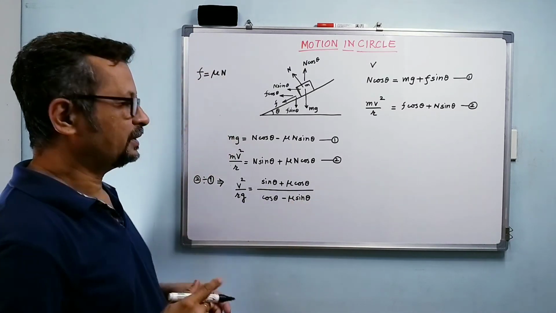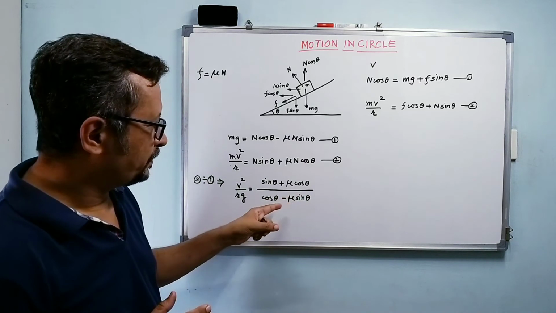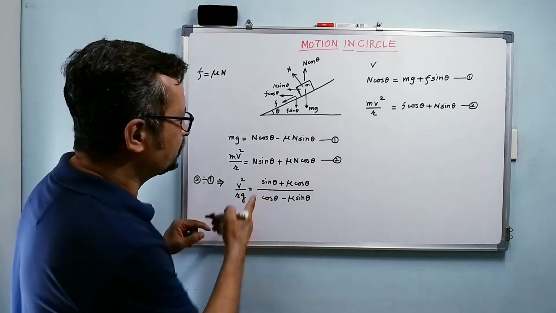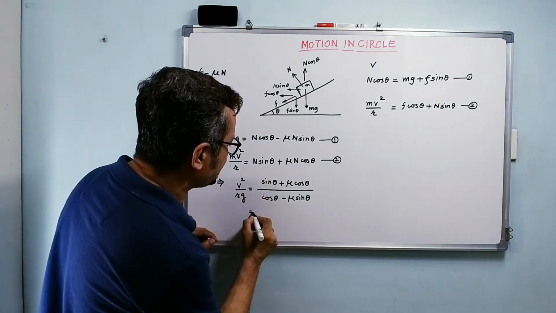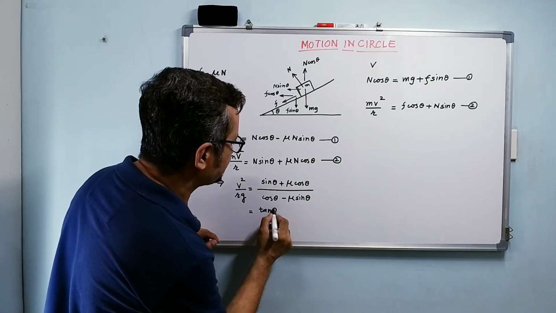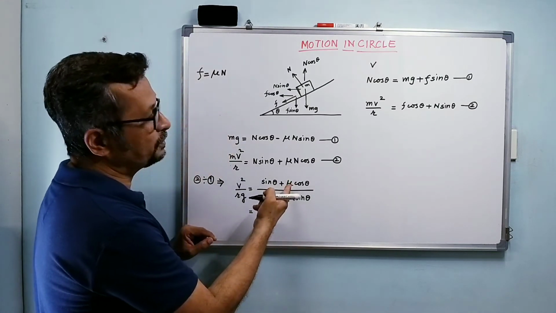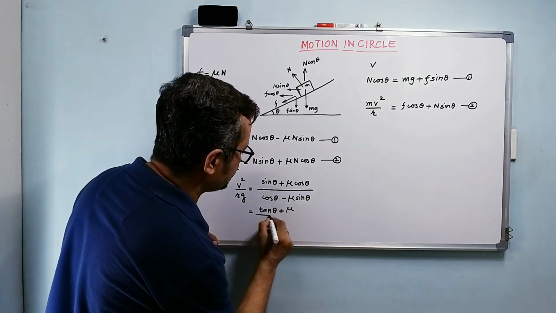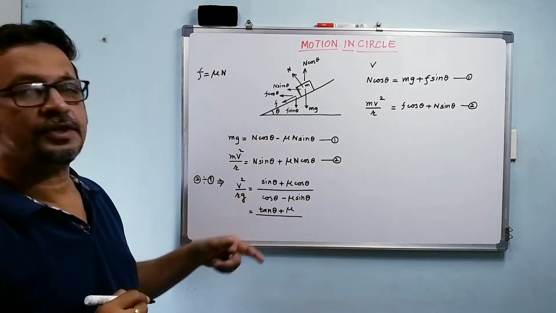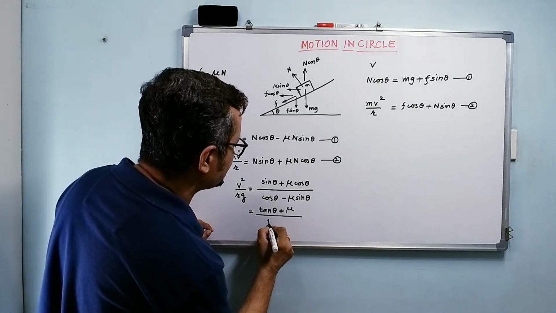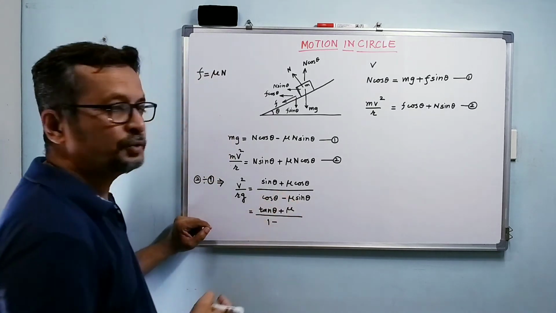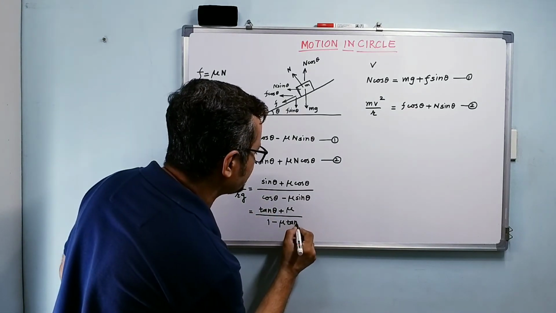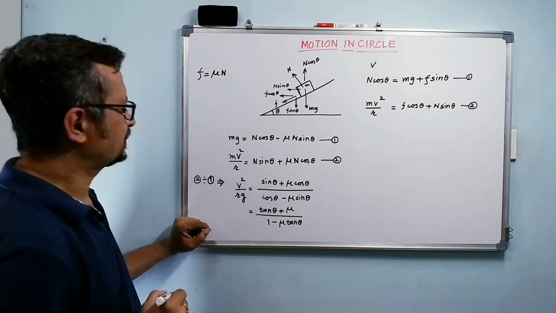Now let us do one thing here. Let us divide numerator and denominator by cos theta. So I divide sin theta by cos theta, that gives me tan theta, plus mu cos theta upon cos theta gives me only mu, and cos theta upon cos theta is 1, minus mu into tan theta, correct?